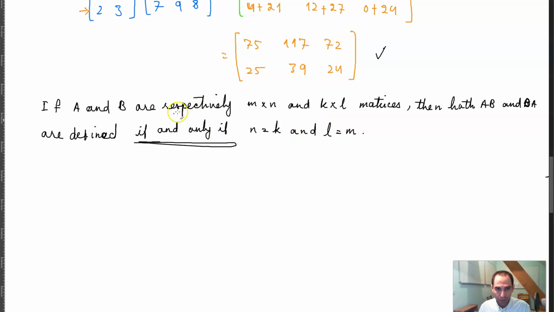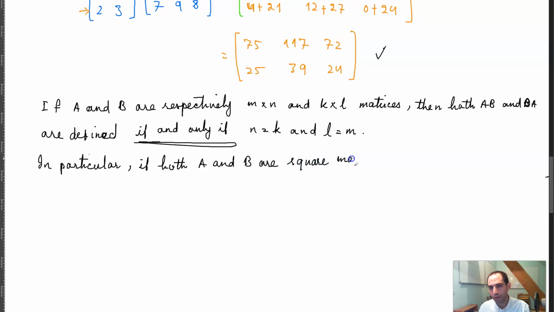Now in particular, we will come back here. In particular, if both A and B are square matrices of the same order, then both AB and BA are defined.